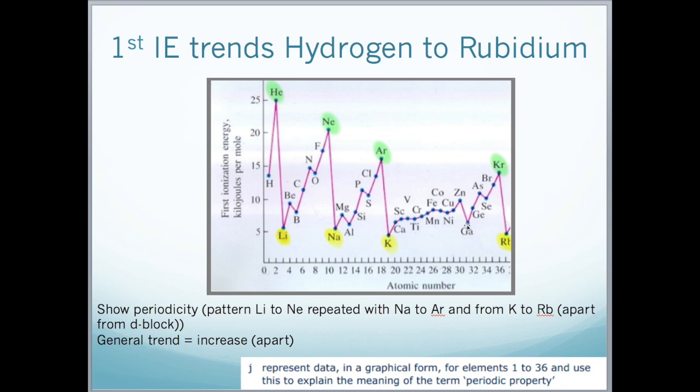So the reason why the first ionization energy of selenium, which is shown here, is lower than that of arsenic, here in group 5, is similar to the reason for the dip after nitrogen in group 2.